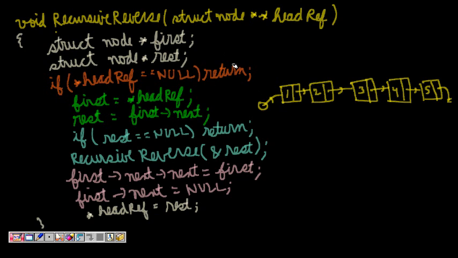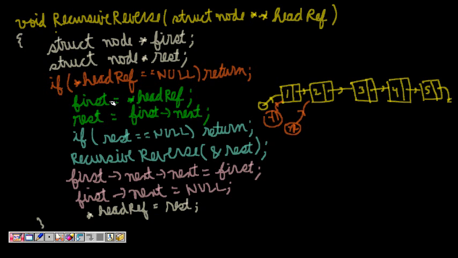So when I come to the recursive reverse the first time, I will call it F1, and it is pointing here, and rest is R1, which is pointing here. If head reference is null, I will return. It's not so. So first is equal to head reference, rest is equal to first next.